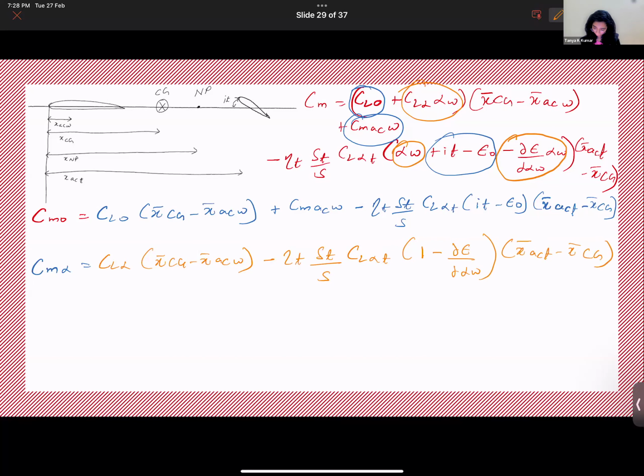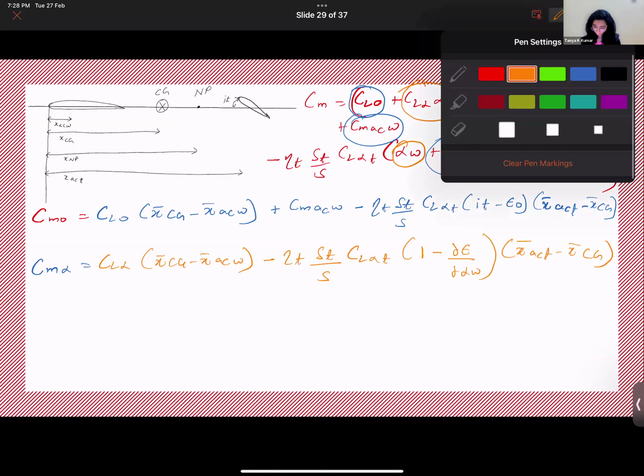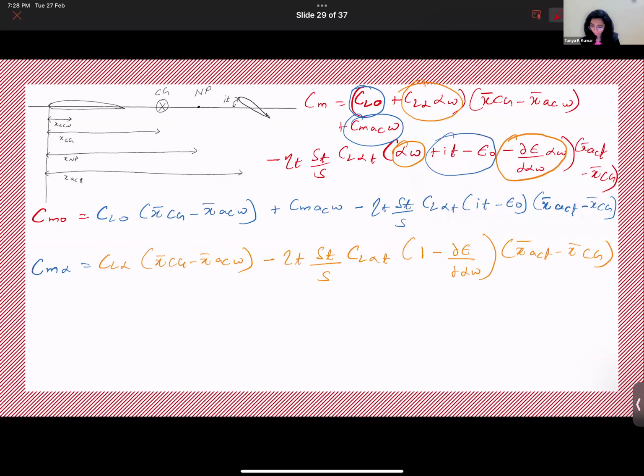Again, are we missing any terms? I don't think so. So let's proceed. No other terms, right? All done.